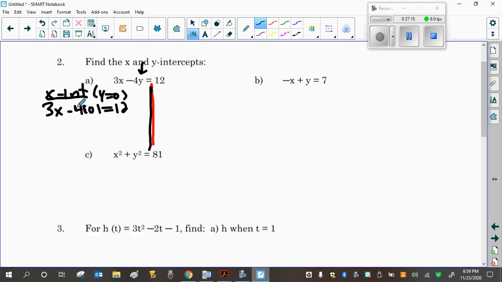You can cross it off if you want to. And you get 3x subtract 0, which is just 3x, equals 12. And 3 times x, you do the opposite operation, divide both sides by 3. You get x equals 4, and please write it as an ordered pair to get full marks. Okay, don't forget to do that.